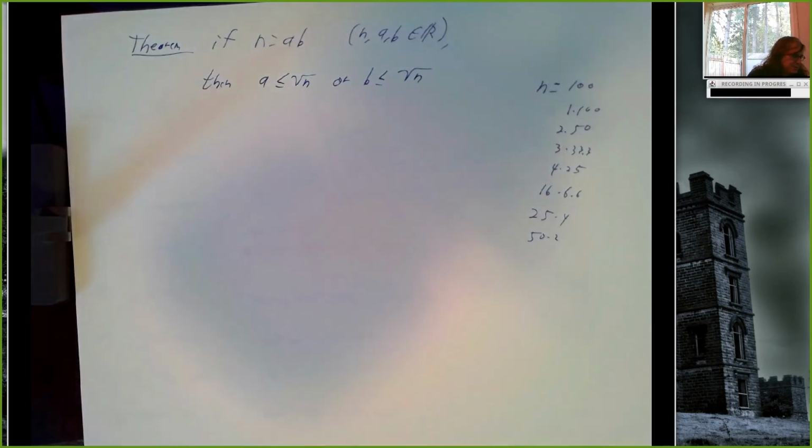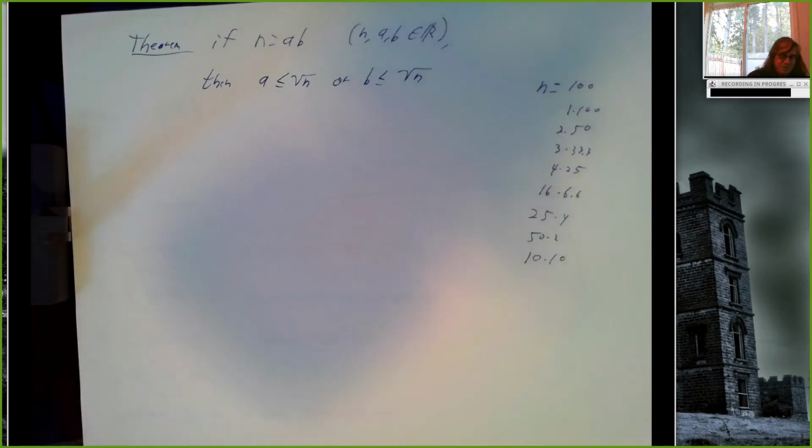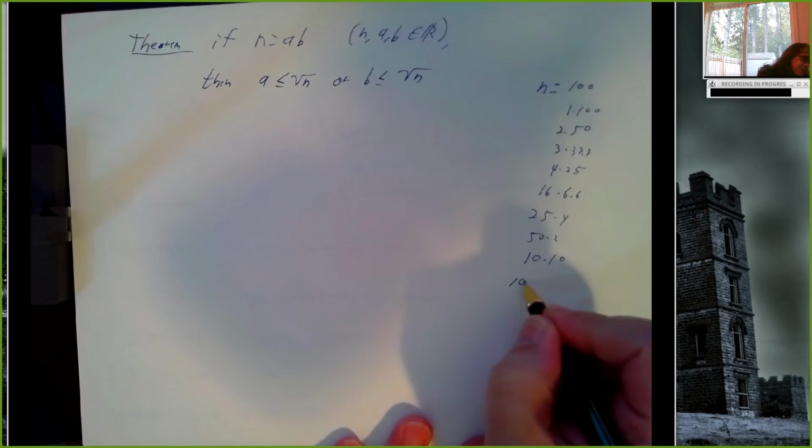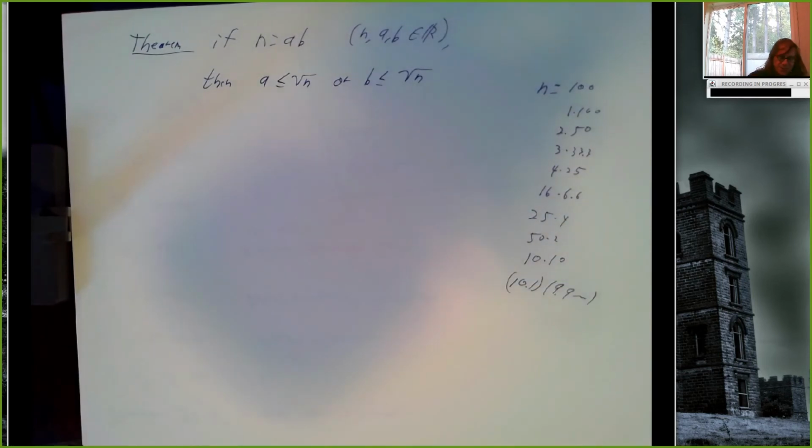And the closest you can get to this is you can write 100 as 10 times 10, and both of these are 10. But if you try to make one of these slightly bigger, the other one's going to go slightly smaller. And that's a hint to how we can actually prove this.